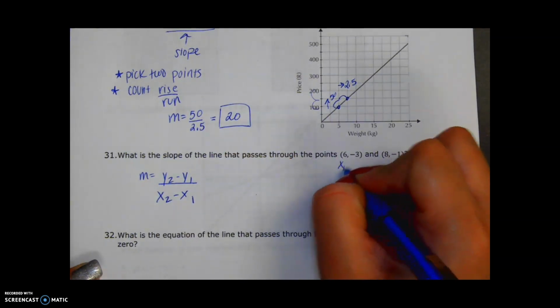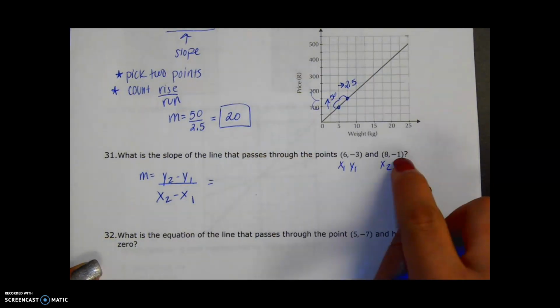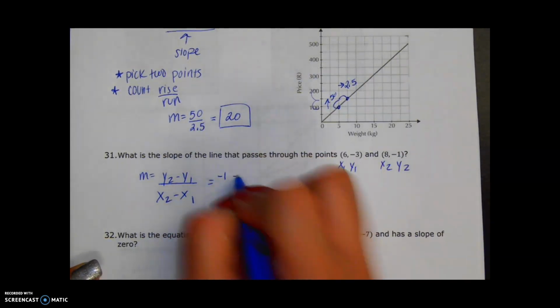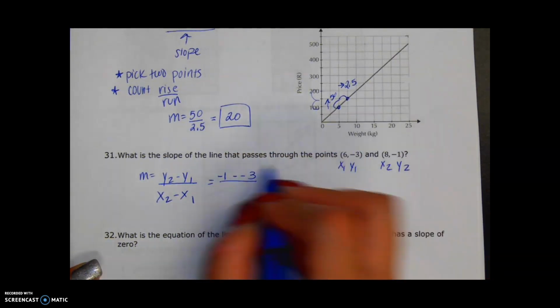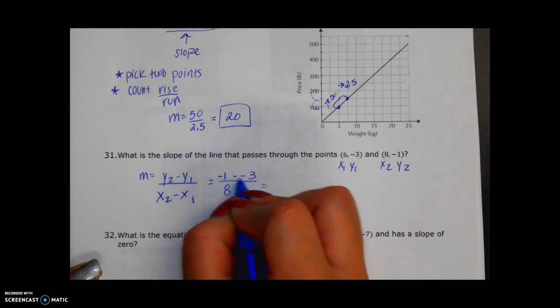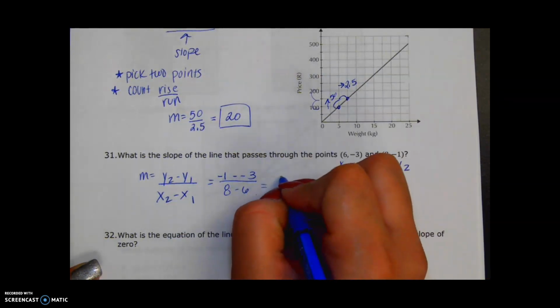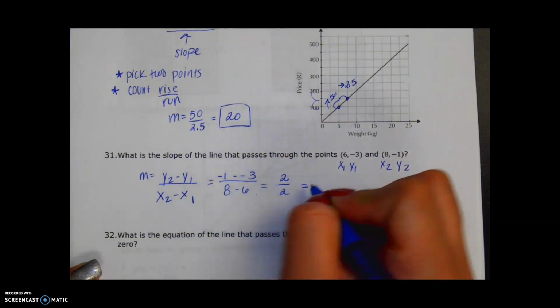Here's my x1, y1, x2, y2. I'm just plugging stuff in. -1 minus -3 over 8 minus 6. These turn into pluses. -1 plus 3, that is +2. 8 minus 6 is 2, so my slope is 1.